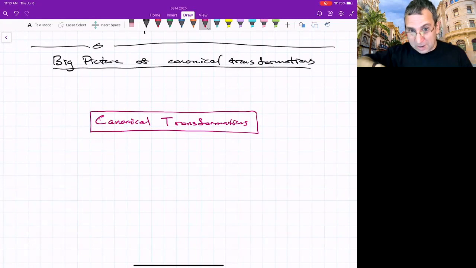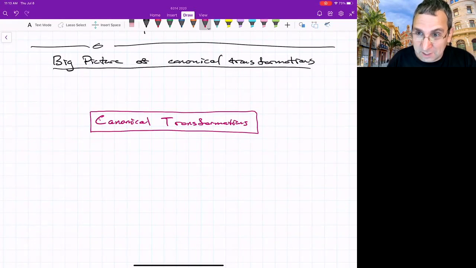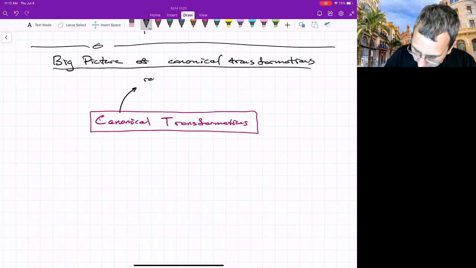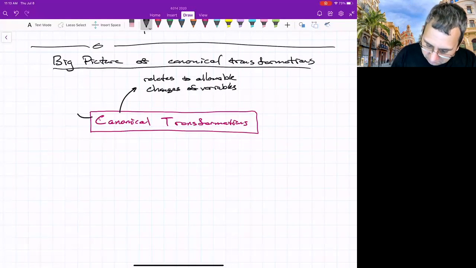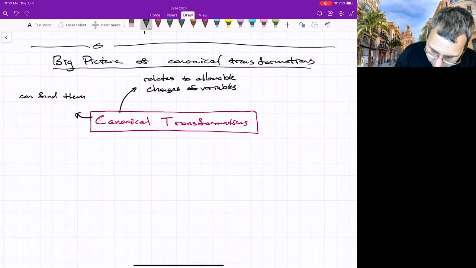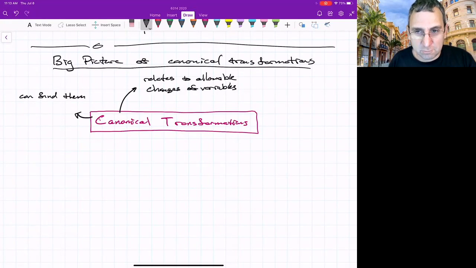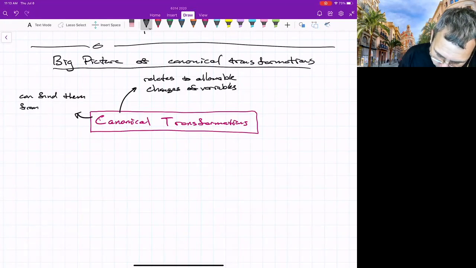Also, the solution map is a canonical transformation. So there's lots of things. We could just start enumerating them. It relates to allowable changes of variables. And you can find them using generating functions. And the space of all possible generating functions is large.